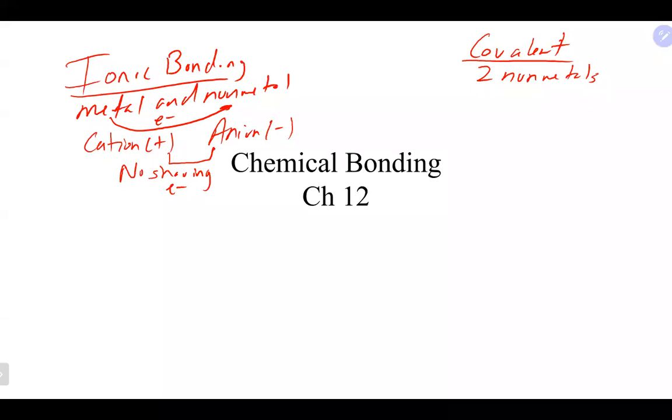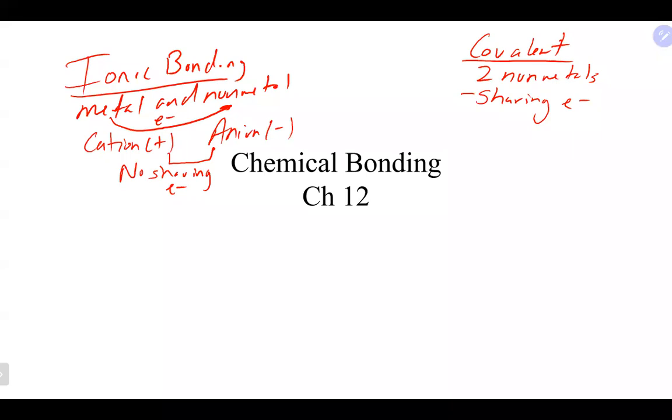So what happens when two nonmetals get together is they're not going to transfer electrons because frankly, they both want to hold on to their electrons and they both actually would like somebody else's electrons. So what happens is we end up with some type of sharing of electrons that happens in a covalent bond. And as we will talk about, sometimes that sharing may be equal sharing, sometimes that sharing may be unequal sharing, but there's some aspect of sharing that occurs in a covalent bond.